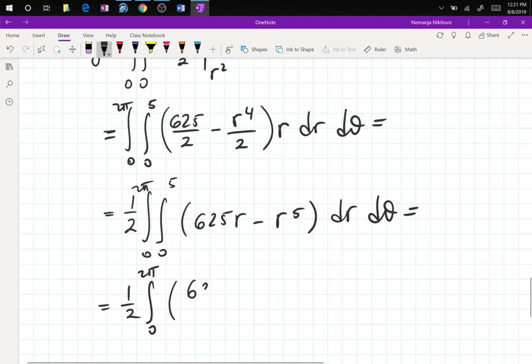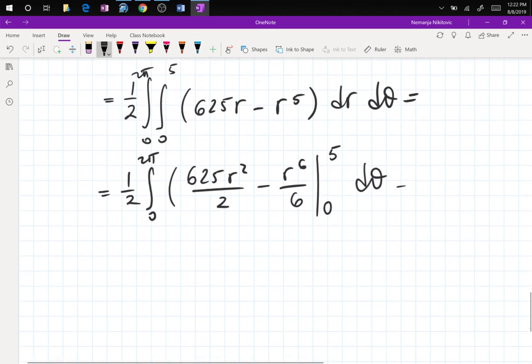When I integrate, I get 625r squared over 2 minus r to the 6 over 6 from 0 to 5, d theta. You can kick another 1/2 outside, so now it's a 1/4 there. Integral 0 to 2 pi. And now, plugging in 0, it's going to wipe it all off, so just 5.